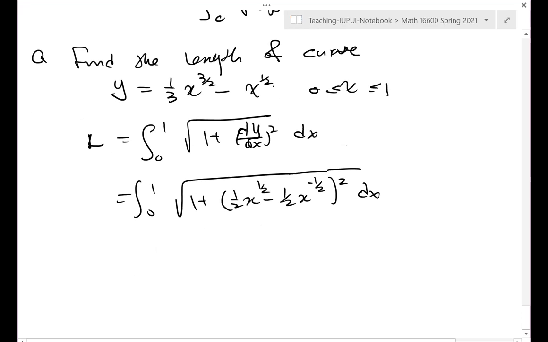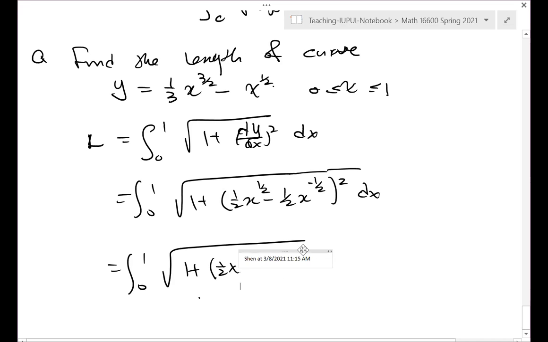So be careful when you express it. You multiply this out, and you get the 1/2 square plus, I'm not getting the square, just keep it. Then minus twice of that is 1/2. So why is there a negative? Because this is a difference of two terms.